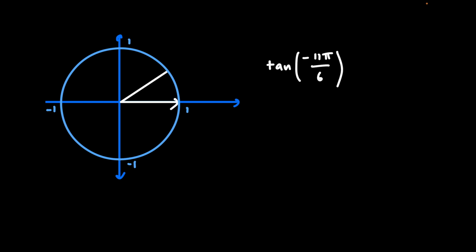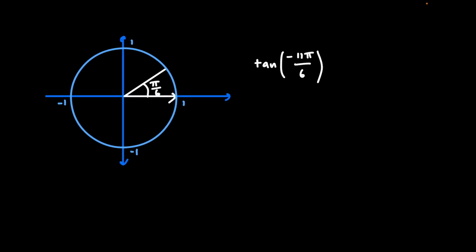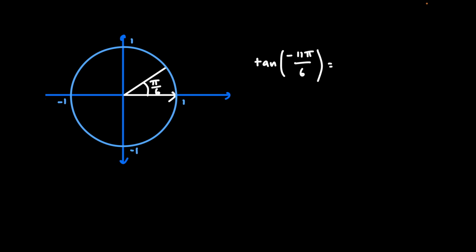What is our reference angle with the x-axis? Pi on 6 radians. And so now we can relate tan of negative 11 pi on 6 with tan of pi on 6. And what is the relationship? Is it positive or is it negative?